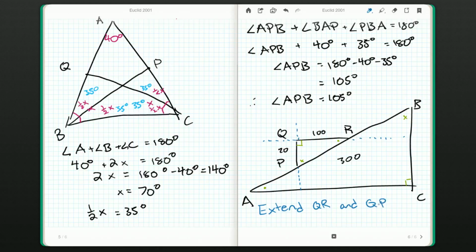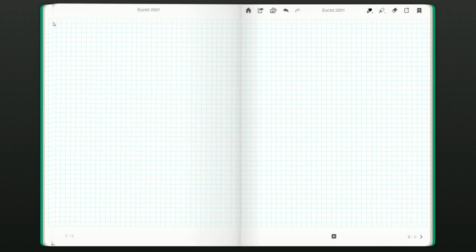We're going to extend QR and QP. Now, since QR is parallel to AC, and the other piece of information we have is that QP and BC are both perpendicular.